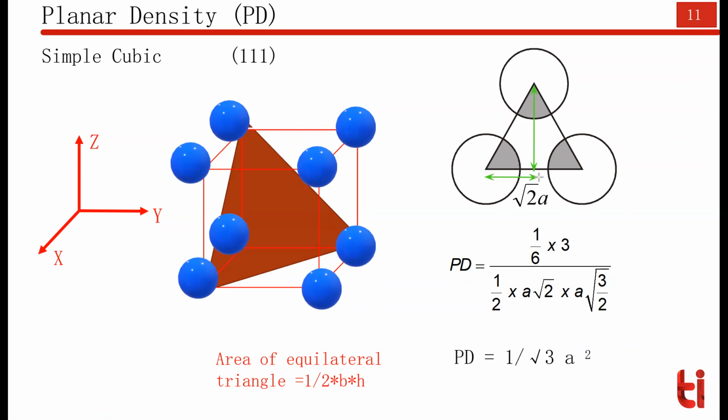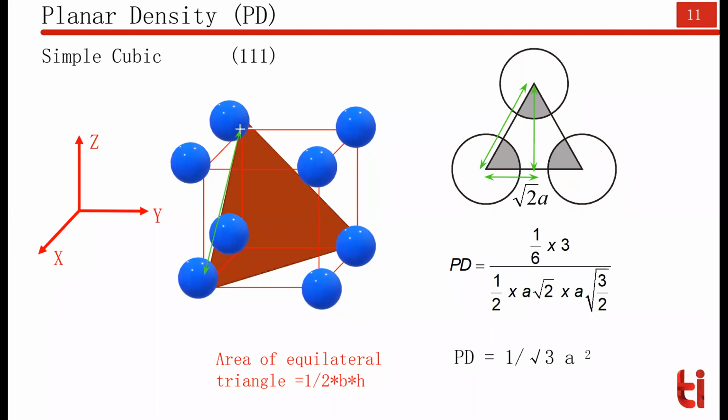Similarly, we know this length is the distance between the two atoms, which also lies as the face diagonals. You can see it in the unit cell 3D version also. I am marking it. So that is also root 2a.